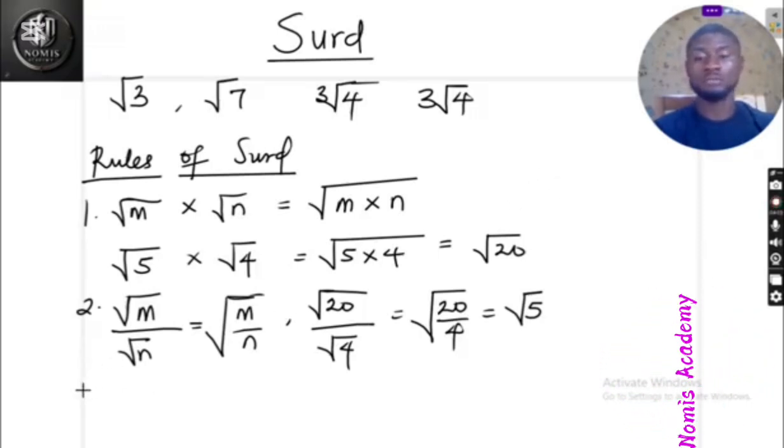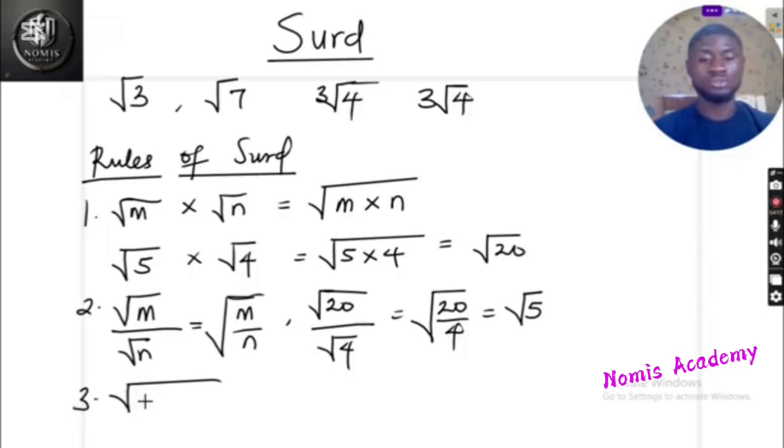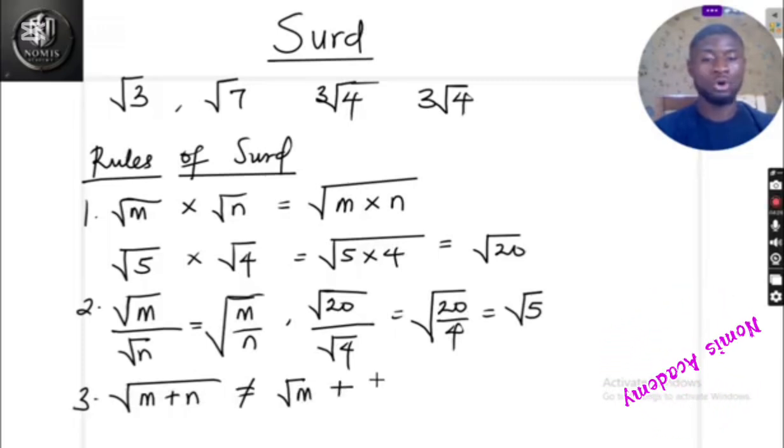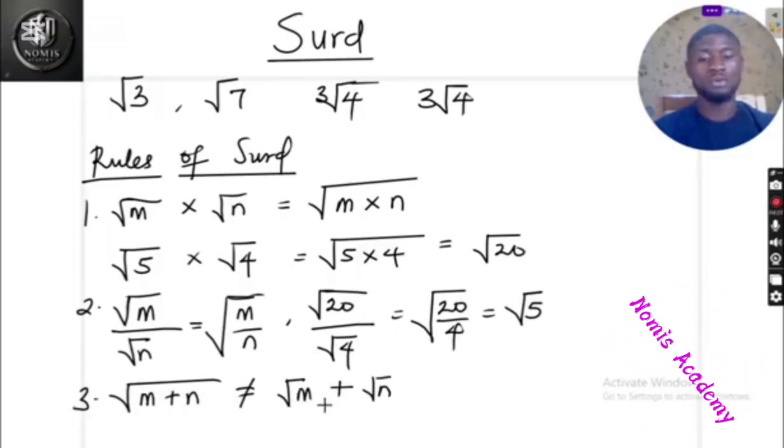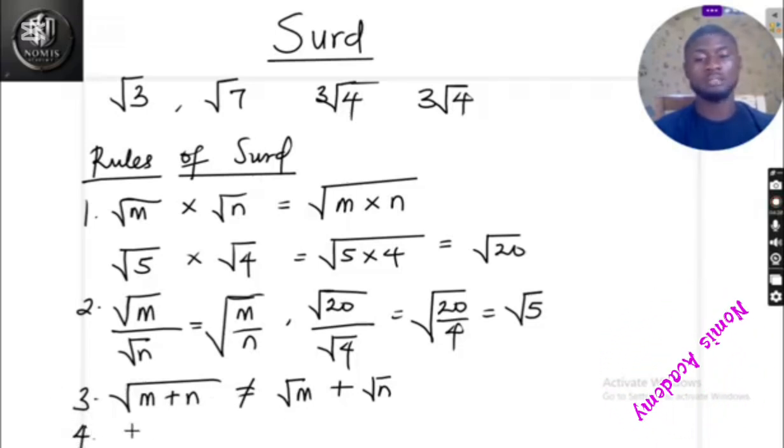Let's take rule number 3. Rule number 3 says note that root of m plus n is not equal to root m plus root n. Please take note, they are not equal. This cannot be equal to this, and the same is applicable for subtraction.